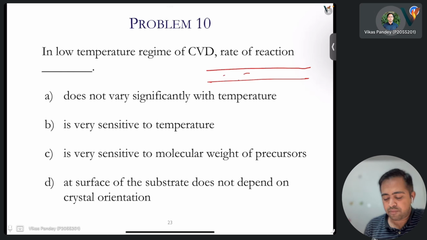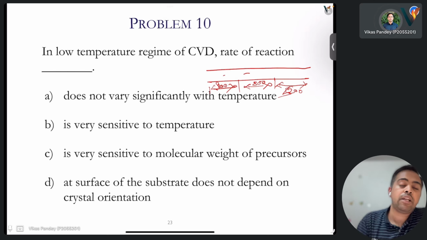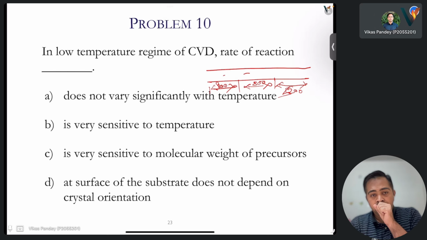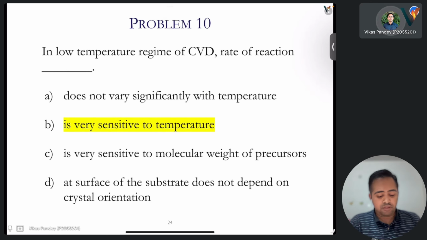So suppose that this is heated to some temperature, say 800, then this one was actually 200, or this one was also 500, but this one was at lower temperature. Okay, this one is 200 maybe. It will not remain like that. It will actually go up to 300 or something due to the heat. So it says that it does not vary significantly with temperature.